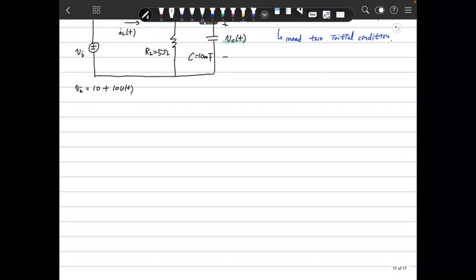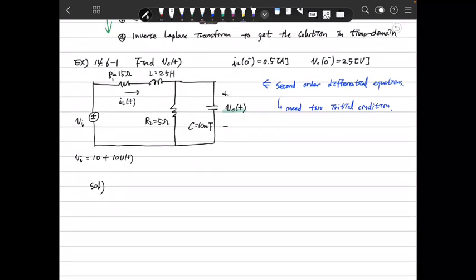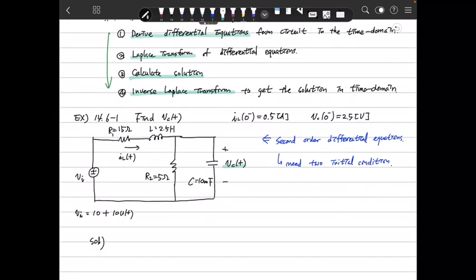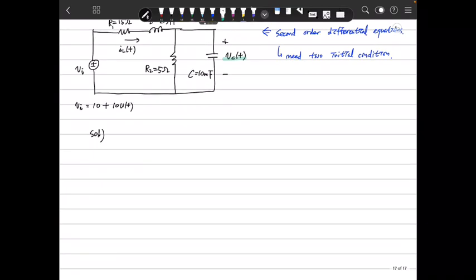So this is the solution. The steps to solve these equations: first derive the equations, second make a Laplace transform, third calculate the solution based on the Laplace transform, and fourth get the time domain solution through the inverse Laplace transform. So at first we will describe the system.